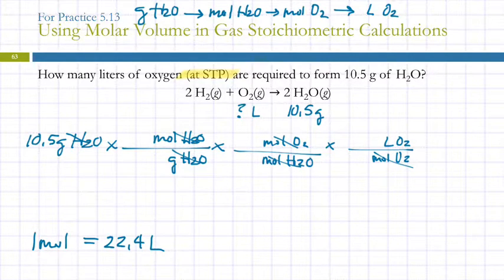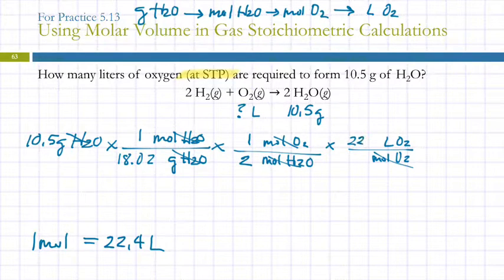So I need the molar mass of water. You can calculate that. It's going to come out to 18.02. Mole ratio from the equation. 1 mole of oxygen gives us 2 moles of water. 1 mole of oxygen to 2 moles of water. And then this guy. 1 mole of a gas at STP occupies 22.4 liters.